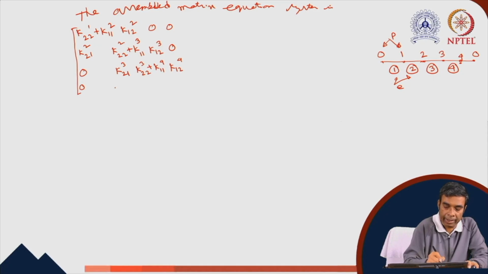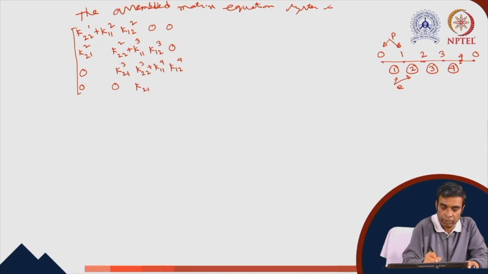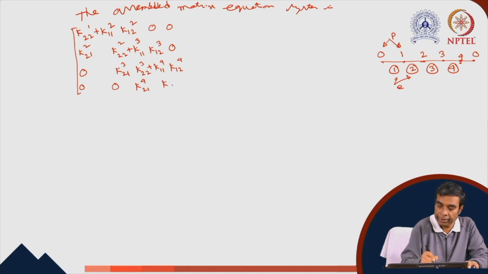K41 is 0, K42 is 0, K43 is K^2_14, and K44 is K^2_24 plus K^1_15. This is our assembled matrix equation system.